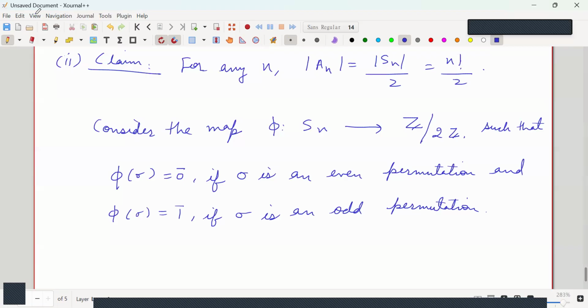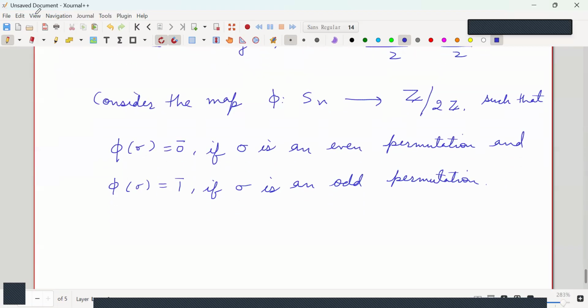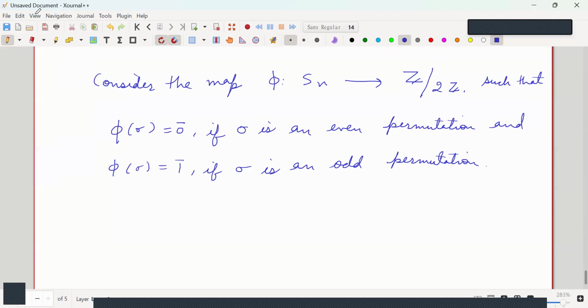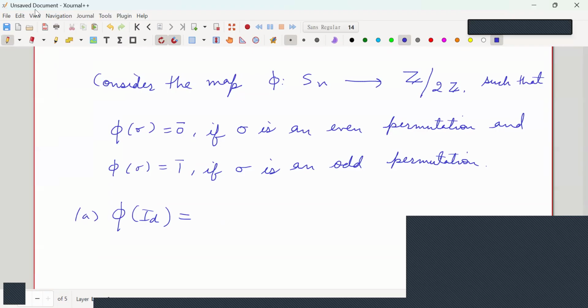Why? So, phi of identity is 0 bar, right? That is the first thing one can easily check, because it's an even permutation.